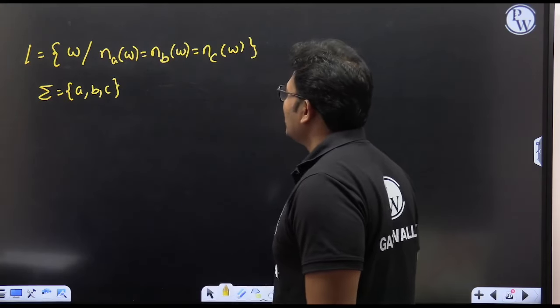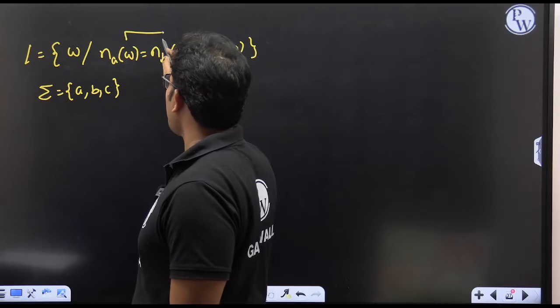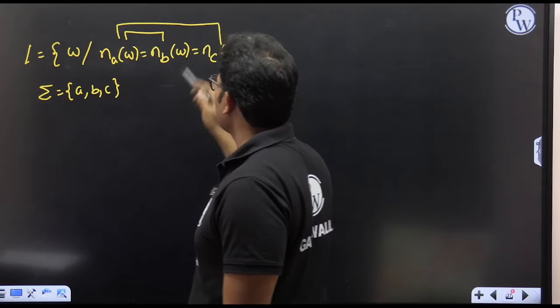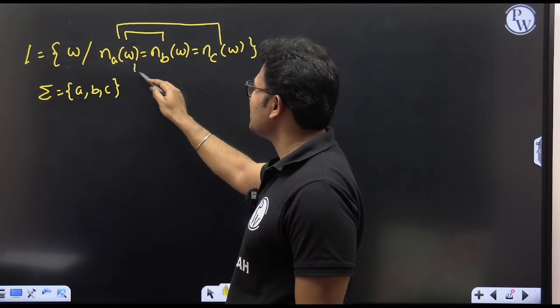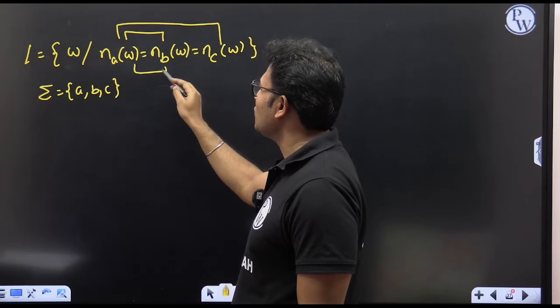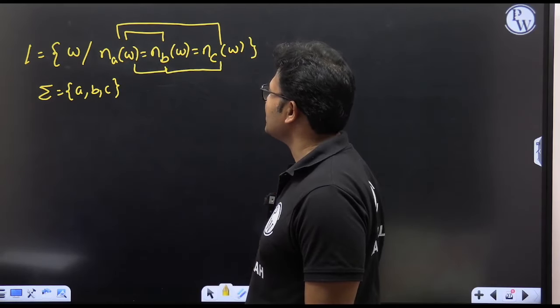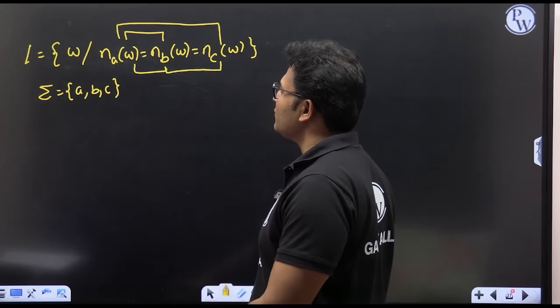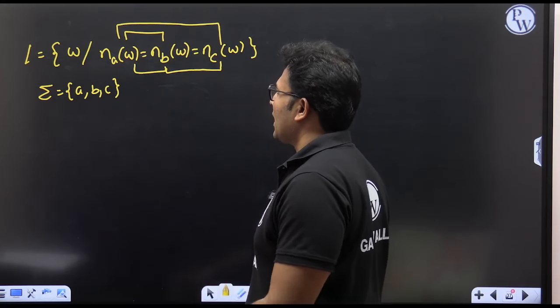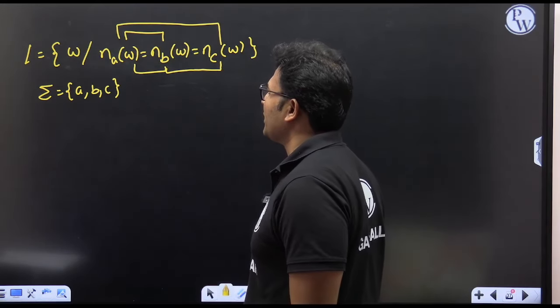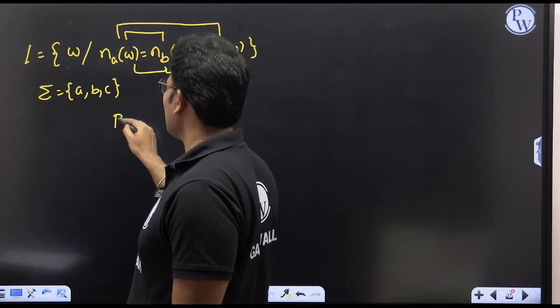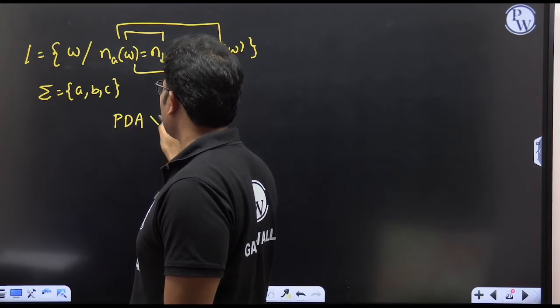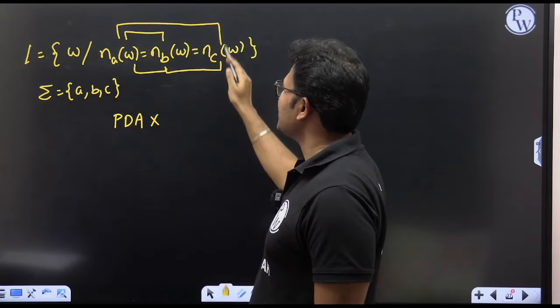Right. You can compare A's with B's, or you can compare A's with C's, but the problem is once A's and B's are compared, A and B will vanish. There will be nothing to compare with C, right? So comparing all these three is very difficult using context-free languages, using a pushdown automata. A pushdown automata cannot do two comparisons at a time.